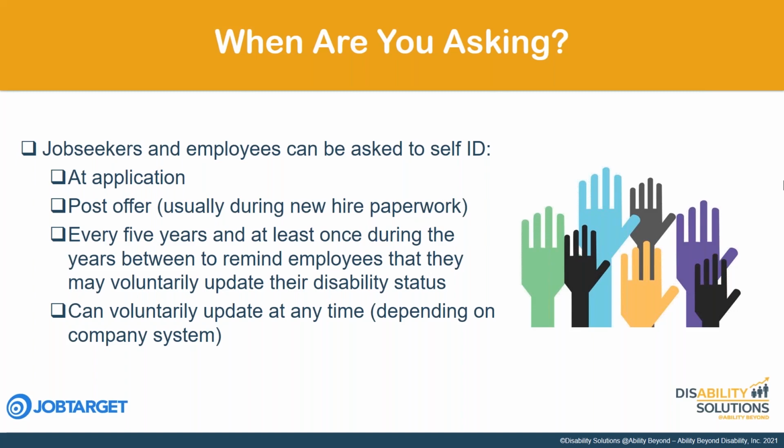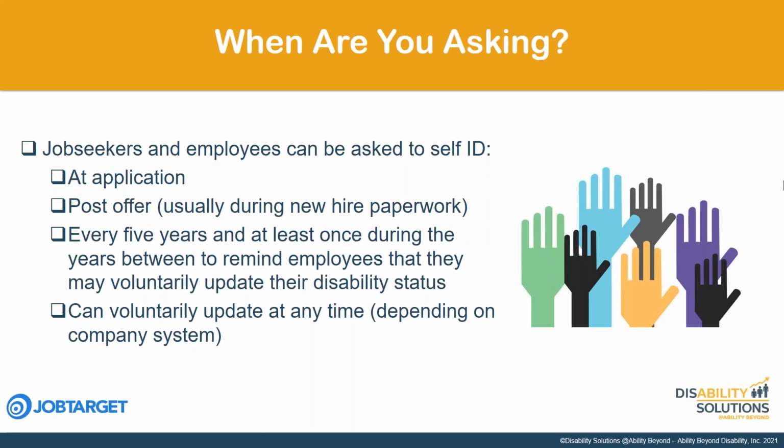They can check yes, they can check no, or they can check I do not wish to answer. And if they make it through the hiring process and receive an offer from you, they'll also get another opportunity to do so during the onboarding process, usually in that new hire paperwork in the first day or 2, or maybe even right before that first day.